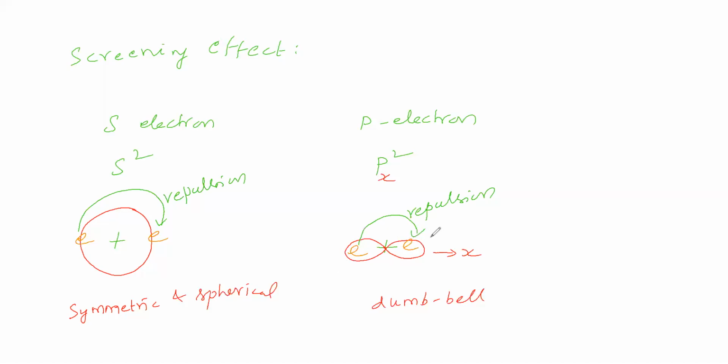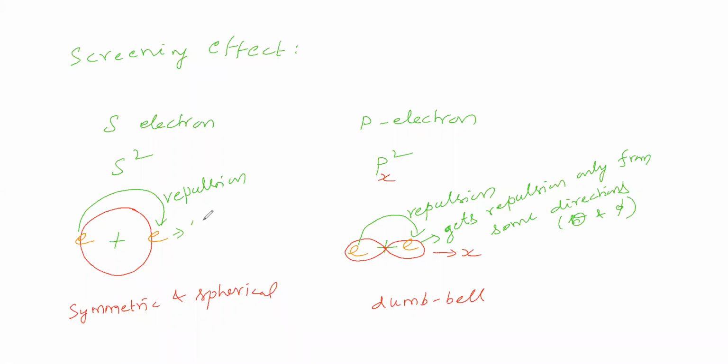That means this electron gets repulsion only from some directions, only from some sides, only from some theta and phi values.